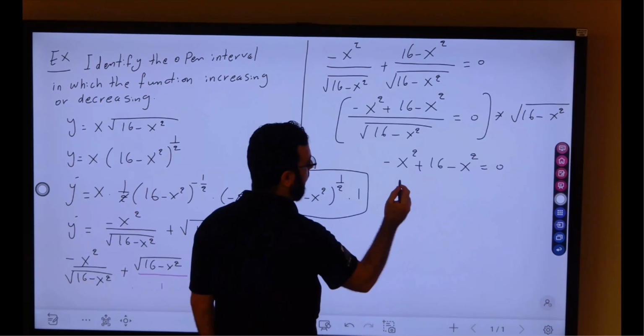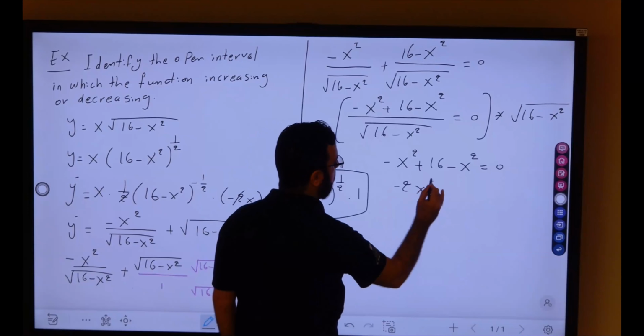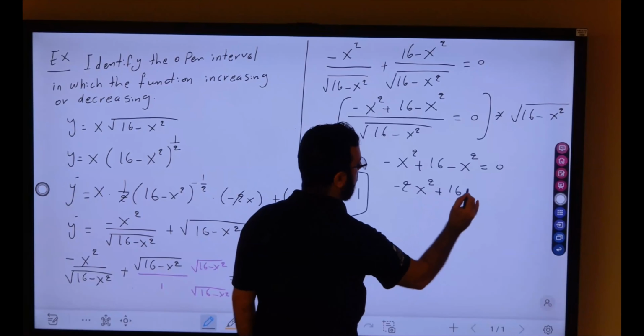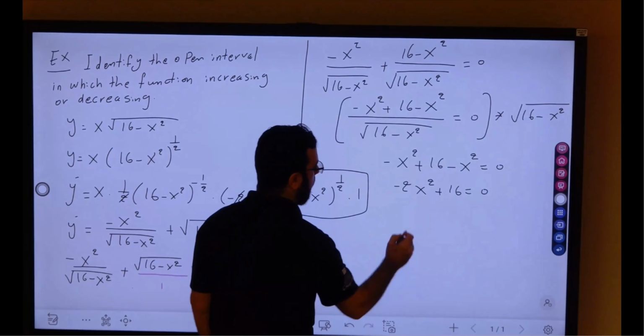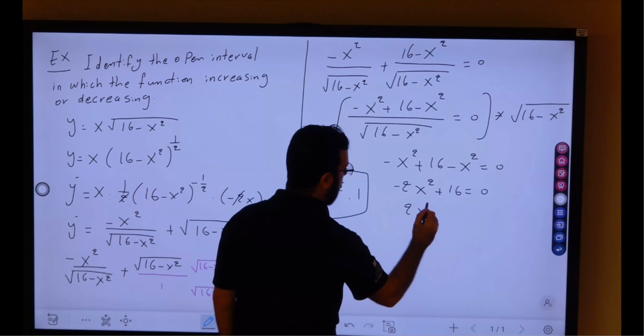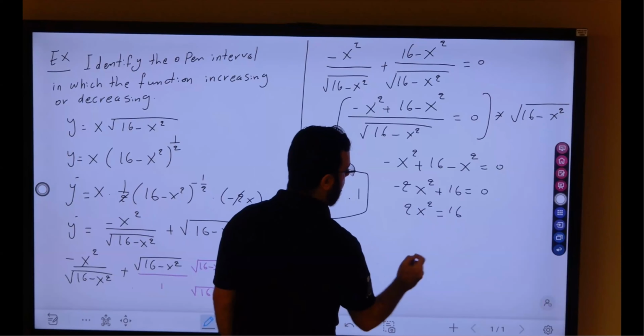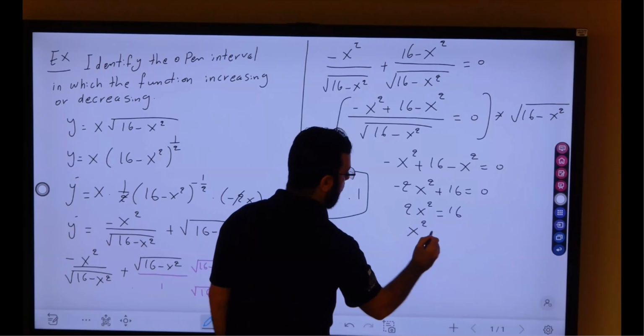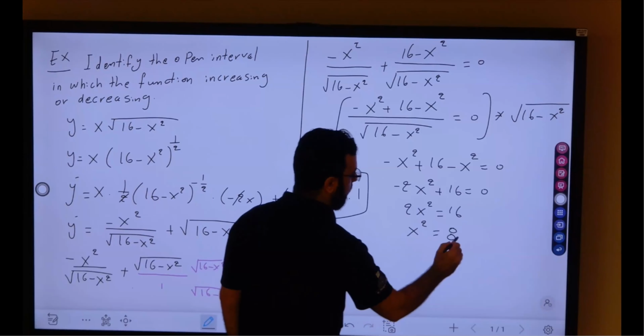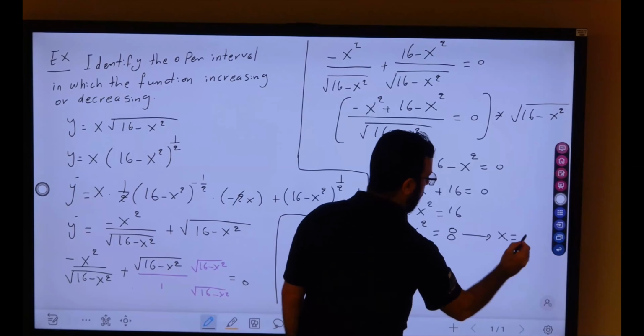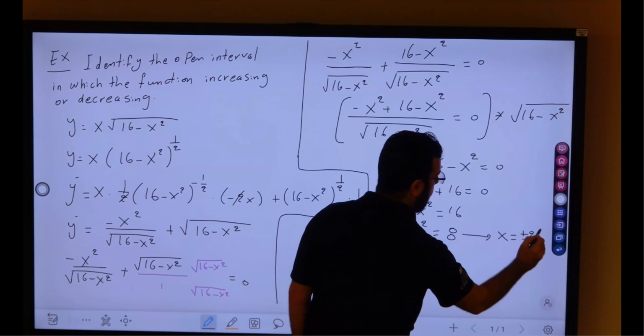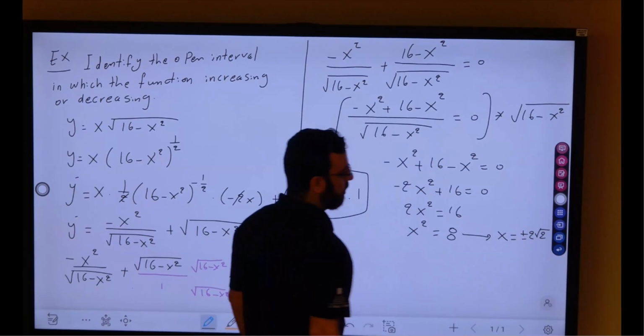We have to combine these: negative 2x squared plus 16 equals 0. That means 2x squared equals 16, which means x squared equals 8. That means x equals what? Yes or no?